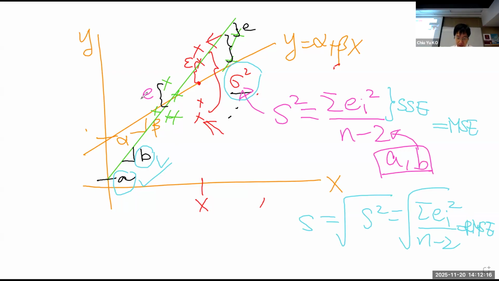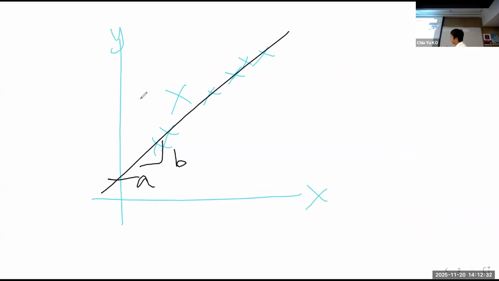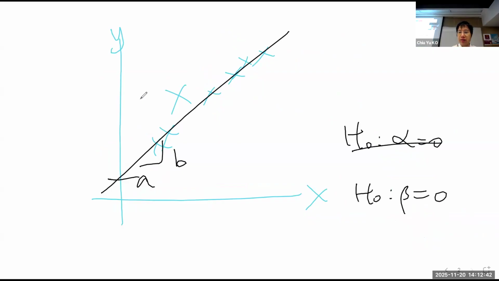Remember what we've done: we have the data X and Y, we draw the line there, we estimate A and B with Excel, we test the null hypotheses alpha equals 0 and beta equals 0, and we reject them. We're happy, the model is done.